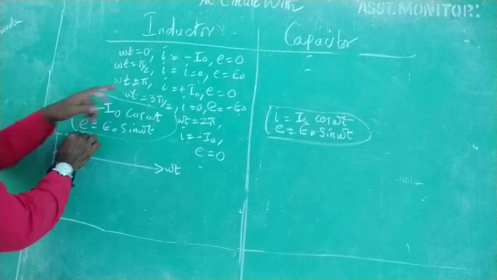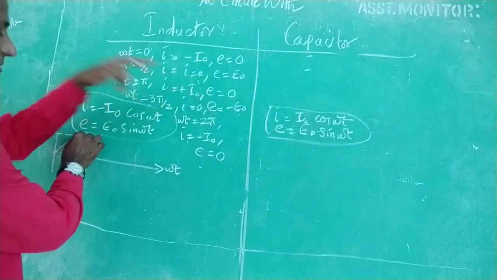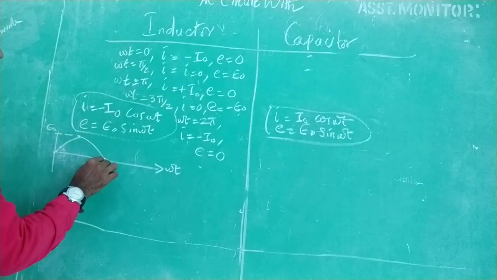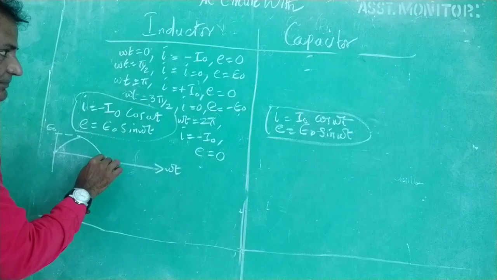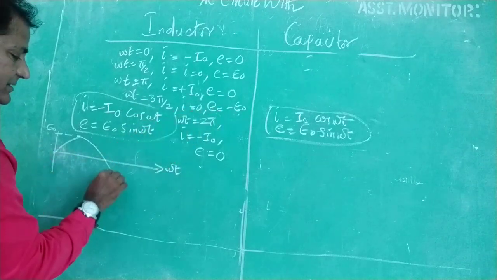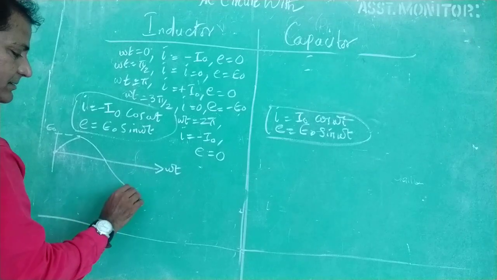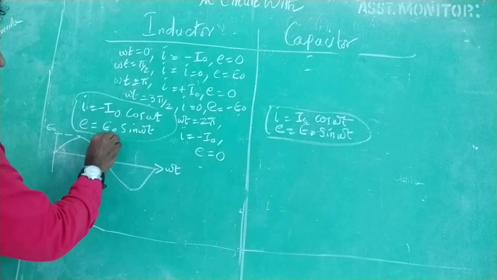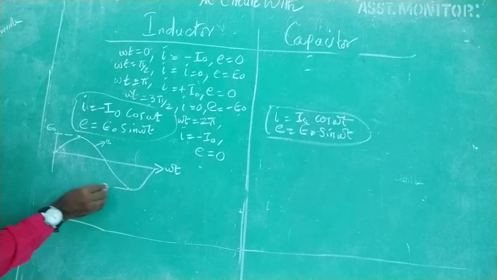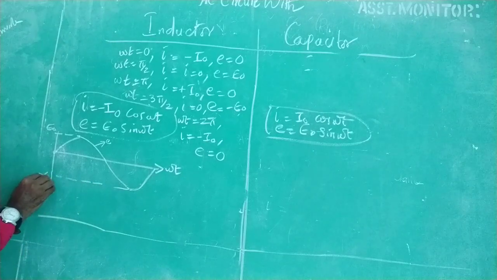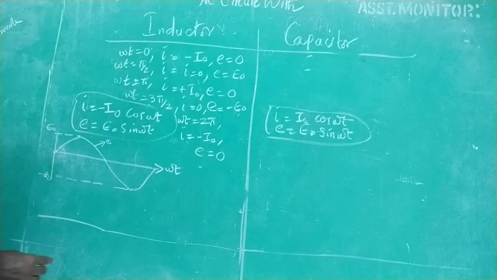And when omega t equal to pi, E equal to 0. When omega t equal to 270 degree, E is equal to minus E naught. When omega t is equal to 2 pi, E equal to 0 again. So this is the E value, and this is the negative E naught.